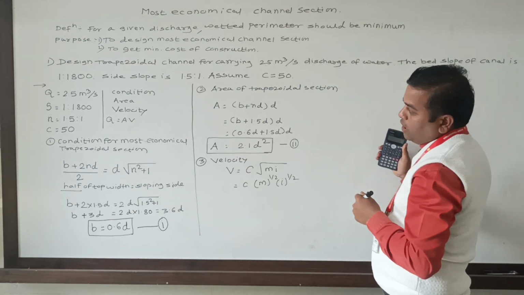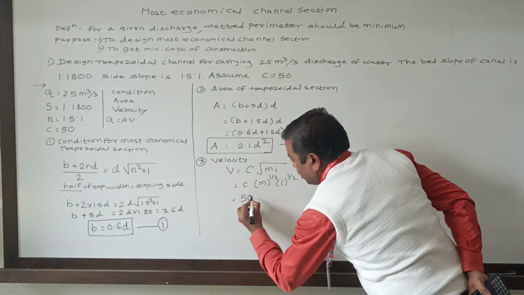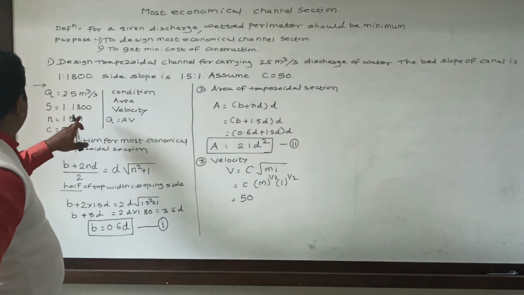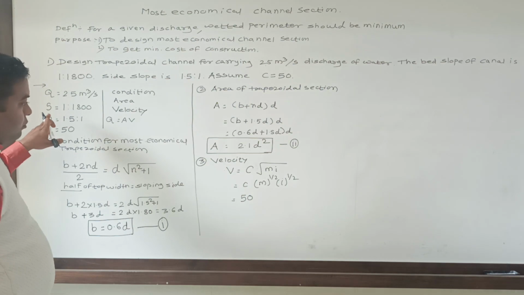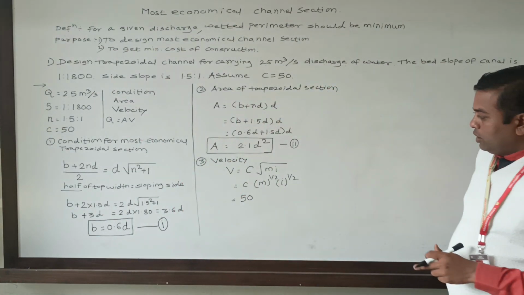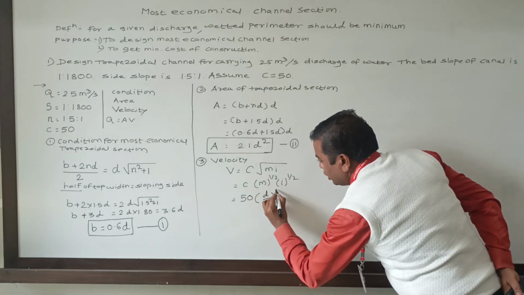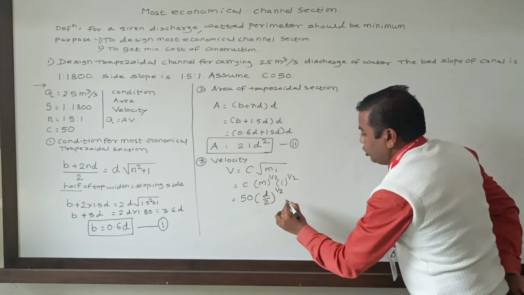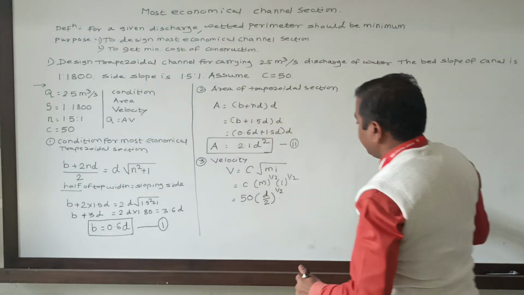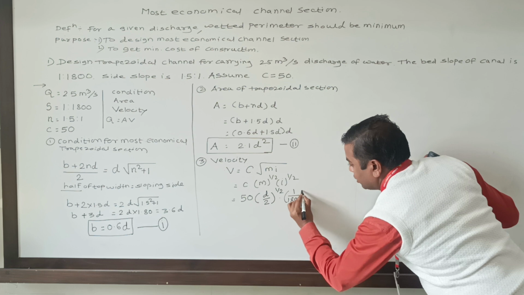Now we will put the values here. C is equal to 50. For the most economical section, m is equal to d by 2. So m is equal to d by 2 raised to half, into i is the slope that is given here, 1 in 1800, so 1 divided by 1800 raised to half.